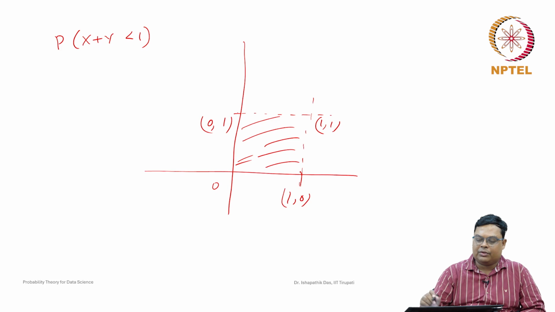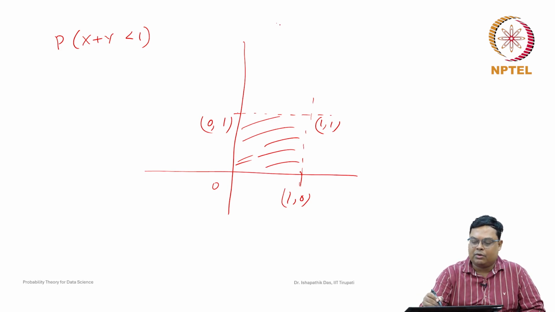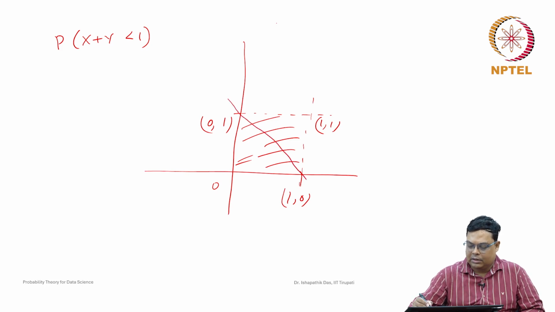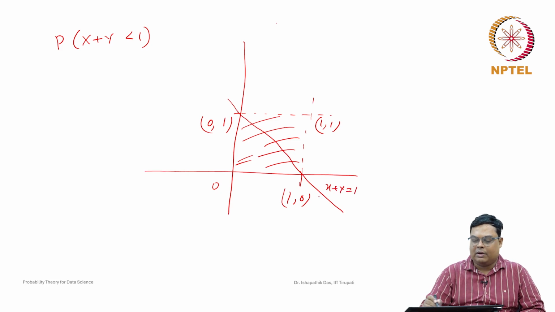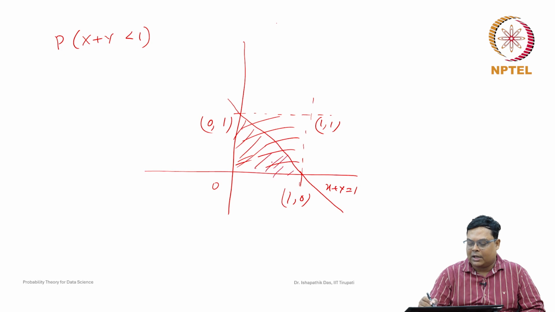Now the question asked is x plus y less than 1. So what is the line x plus y equal to 1? It will be this line. Now, less than 1 means we want the probability that this joint random variable takes a value inside this region.